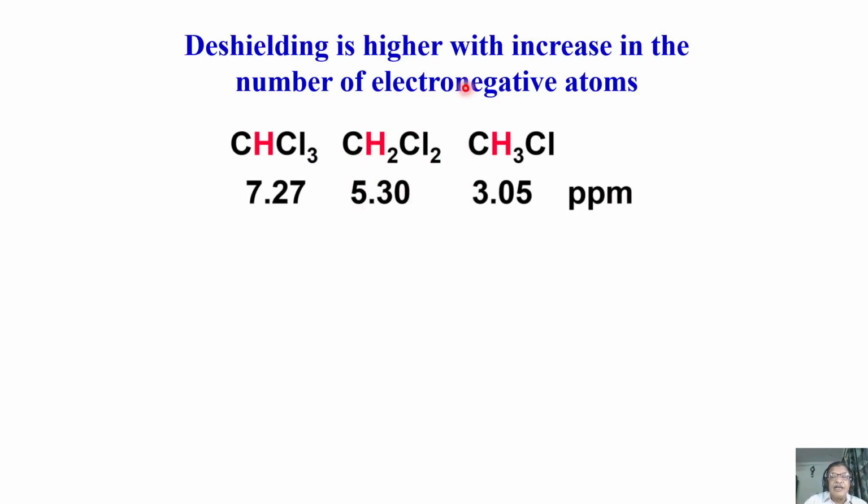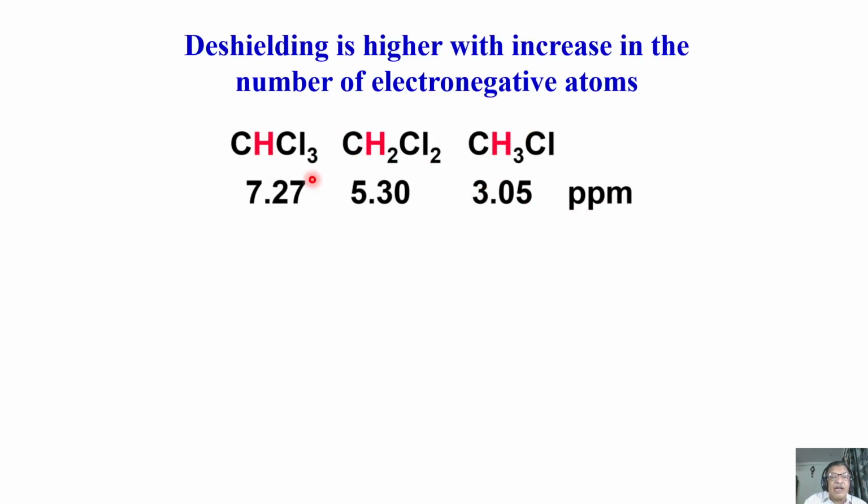Now I'll do one thing. I'll remove another chlorine atom here and make it CH3Cl. Now you removed 2 chlorine atoms from this molecule. So the electronegative substituent effect is much less here. As a consequence, the deshielding is also much less compared to this. Now these 3 equivalent protons resonate at 3.05 ppm. Look at the effect of substitution of electronegative atoms.